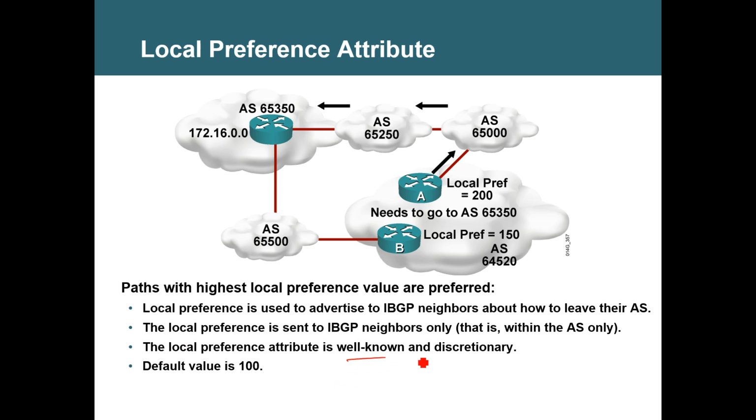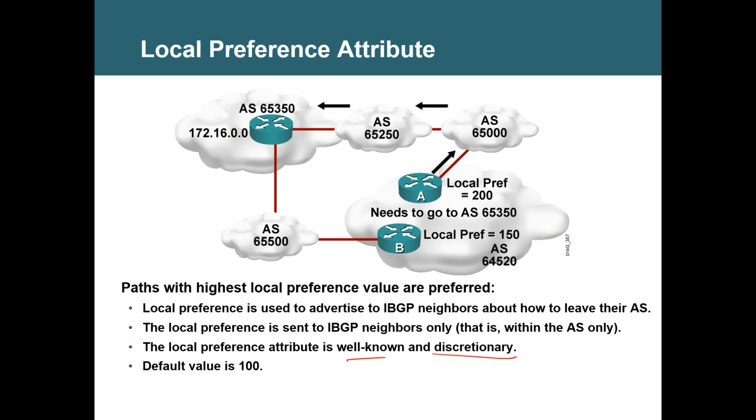All right. So, well known and discretionary, very important. This is well known, yes, every vendor knows it, but it is not advertised to EBGP neighbor.